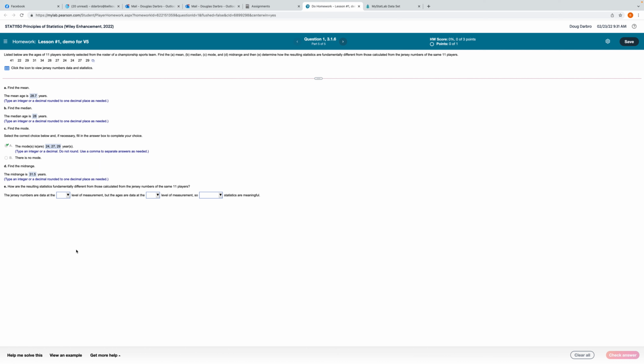All right, so how are the resulting statistics fundamentally different from those calculated for the jersey numbers? The jersey numbers are data that are, well, those are going to be nominal, but the ages are data at the ratio scale.